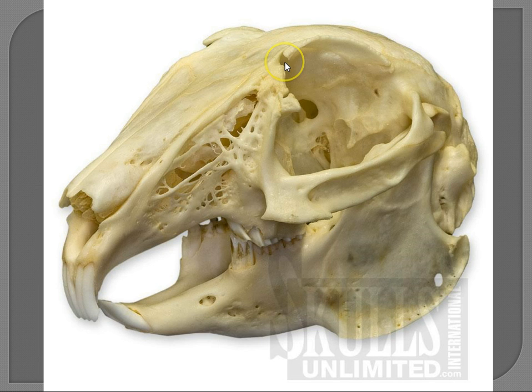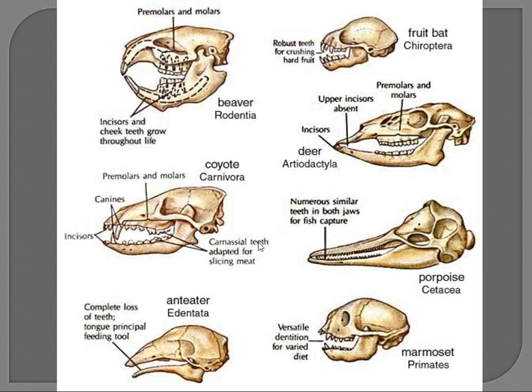And then here, when we move over here, you have these little scissor-like teeth and these flat, grinding teeth. This guy is going to be an herbivore. And so you have the ability to cut the plant, right? So these are kind of like garden shears. And then you have the grinding, because you have to crush that up in between these flat surfaces as opposed to the pointy surfaces you saw before.